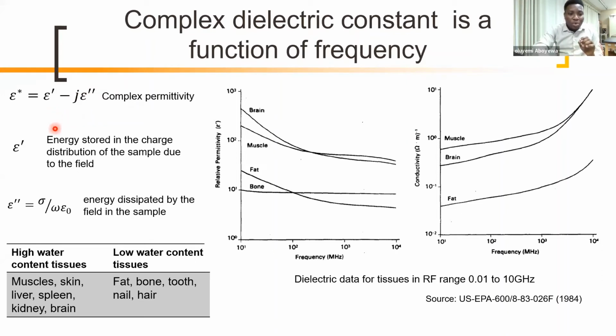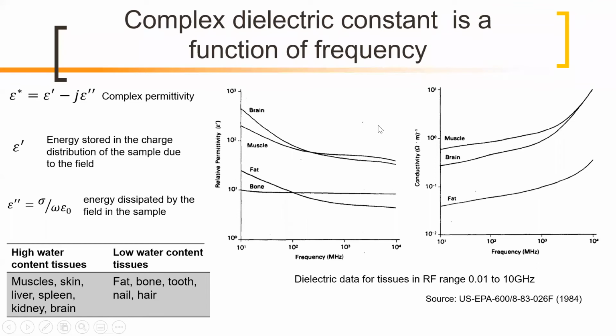That is, we're going to have a component that leads to energy storage within that material that accounts for the distribution of charges. And as these charges are moving, they are going to have some opposition because they're bombarded with electrons and atoms in that material, which leads to energy dissipation. So within the tissues, we have different amounts of water content. We have tissues with high water content and those with low water content, and each of these has different complex dielectric values.